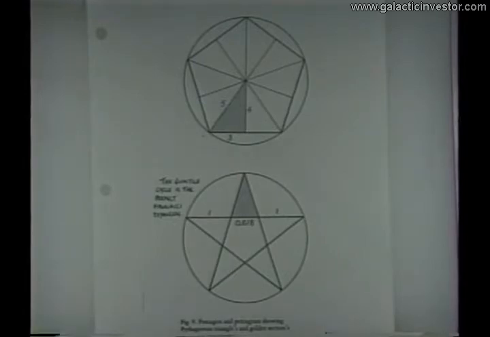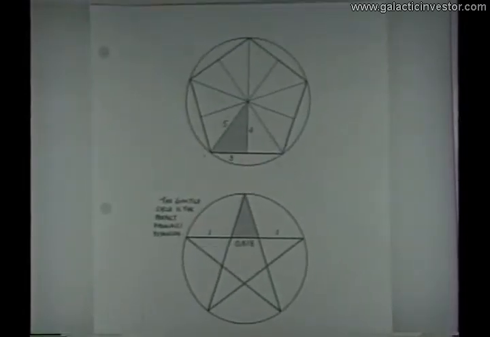But you notice within the fifth, and then at the top is the 10th harmonic, basically inside the fifth. And you'll notice that the division of the 10th harmonic is also the Pythagorean triangle, which is an interesting geometric shape in itself.